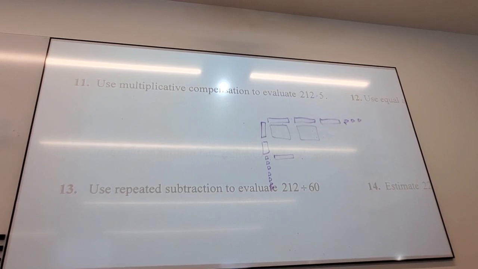Did 13 go okay? What's the idea with that? Number 13. Keep subtracting until you have less than what you're trying to subtract left, right? So I'm going to keep subtracting 60, and then I just count how many times I subtracted 60. That's really crazy, and some of us lost touch with that until you took this class.